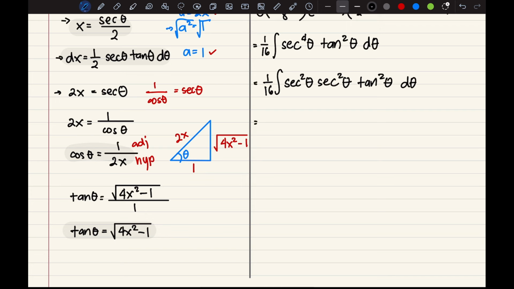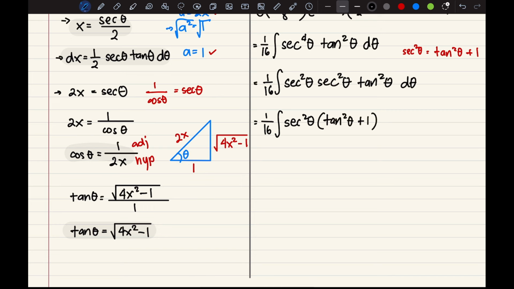So we have 1 all over 16. So our Pythagorean identity for secant squared theta is secant squared theta is equal to tangent squared theta plus 1. So we will substitute this equation into the integral. So we have secant squared theta, and then 1 secant squared theta we will replace with tangent squared theta plus 1.